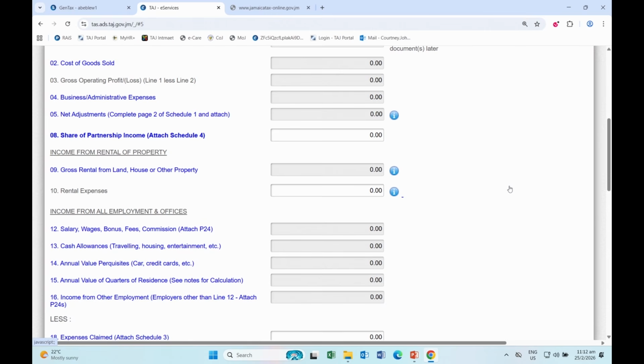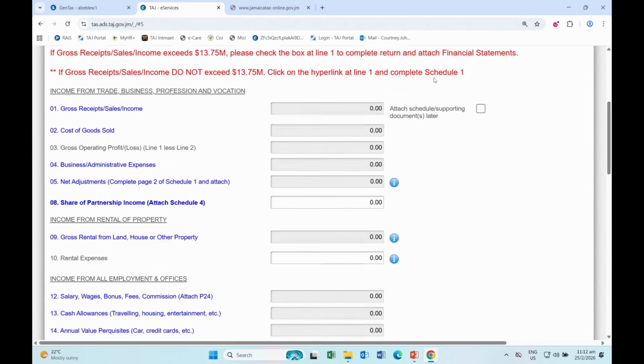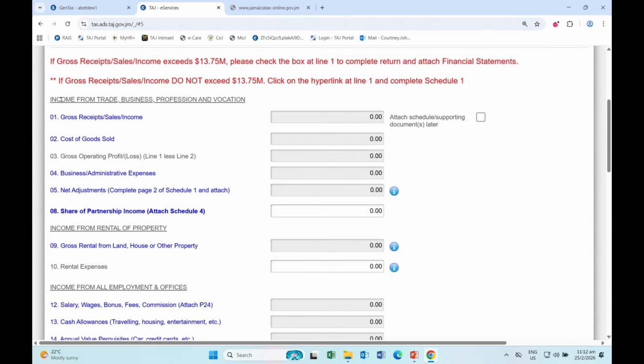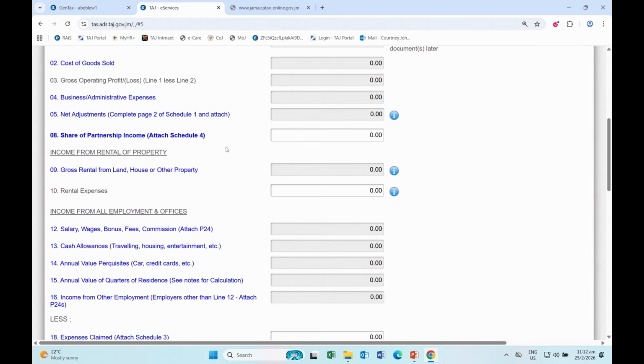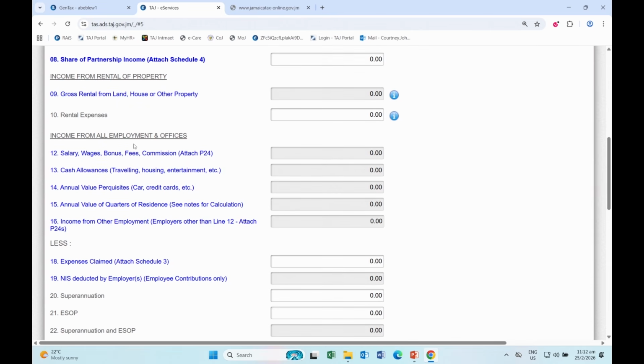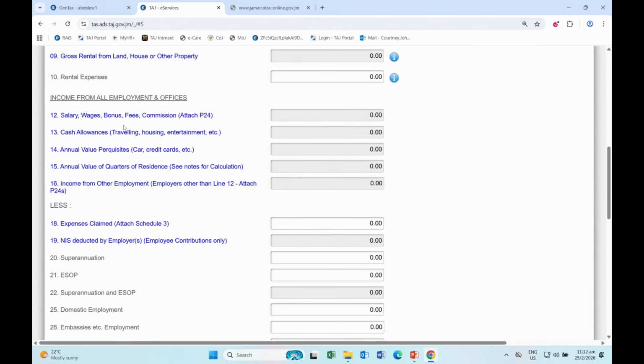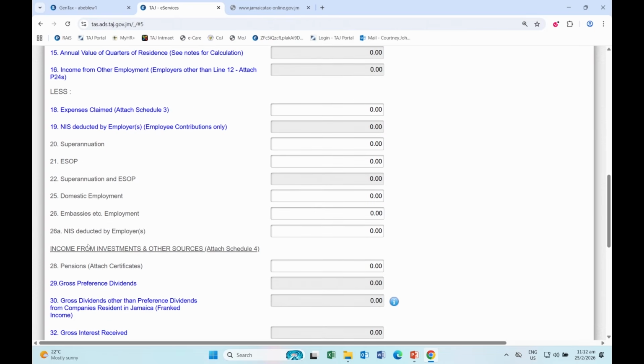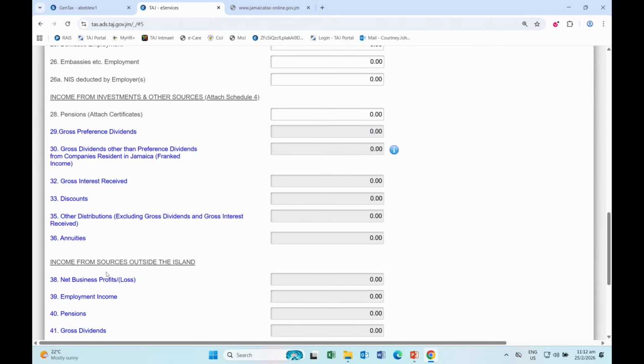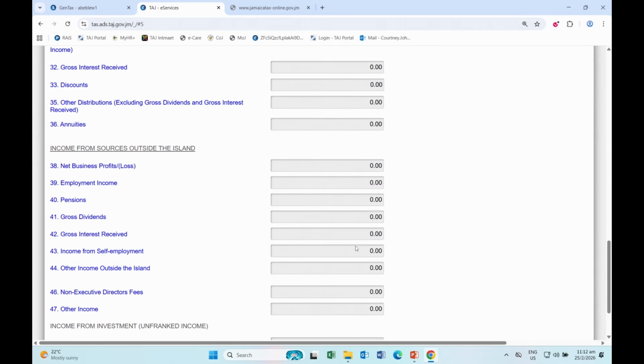But let me just give a brief synopsis of what to expect on this, because Section B captures all of your income sources, right? The income sources listed speak to income from trade, business, profession, or vocation, income from rental of property, income from employment and offices, income from investments and other sources, or income from outside of the island.